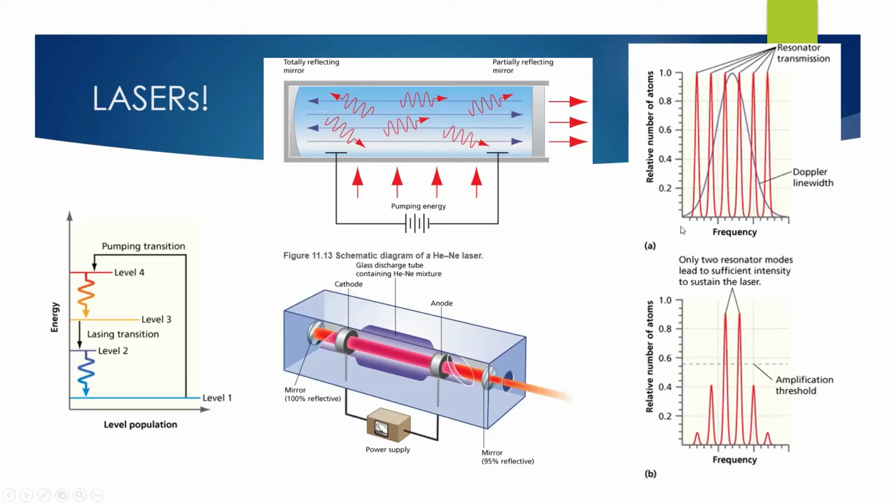And then in purple is the Doppler broadening of the Doppler line width. So what we can see is that only a very small number of wavelengths end up being actually amplified. So even though the neon is going to be split up into many wavelengths based on its movement, the size of the chamber, again, limits what we can see. So we get very few wavelengths of light coming through.